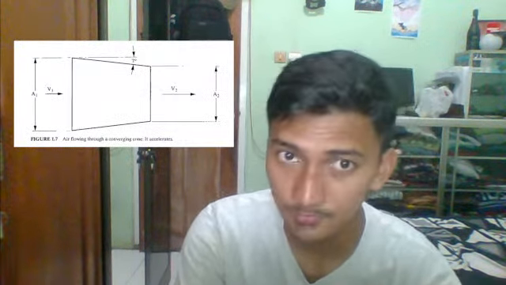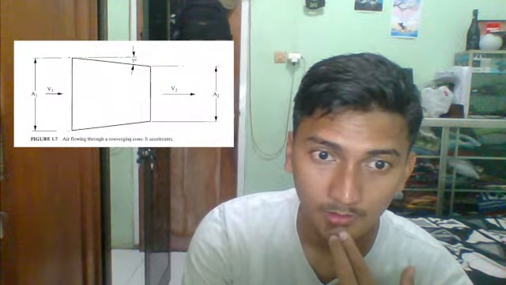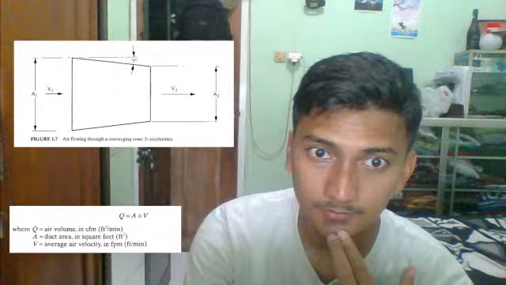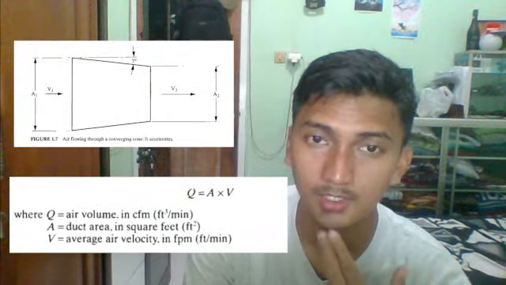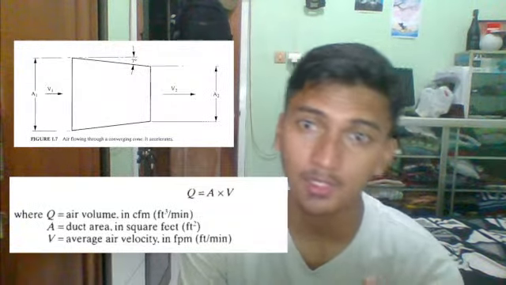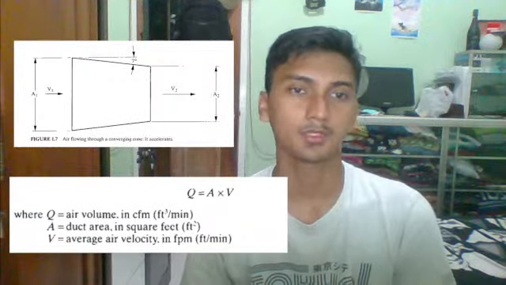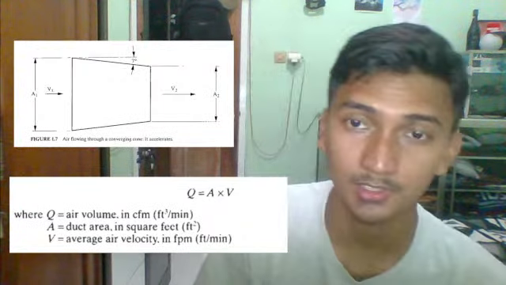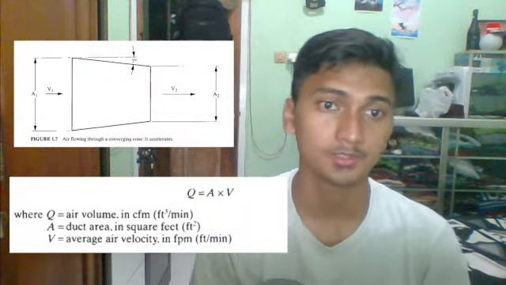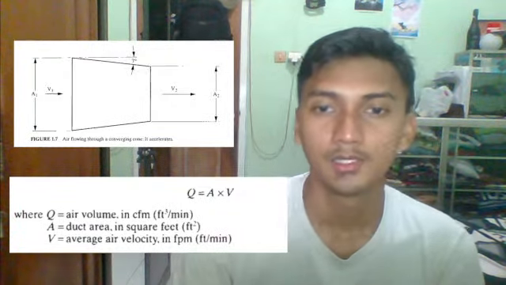The air volume Q equals A times V, where Q is the air volume in CFM, A is the area in square feet, and V is the average velocity in feet per minute.